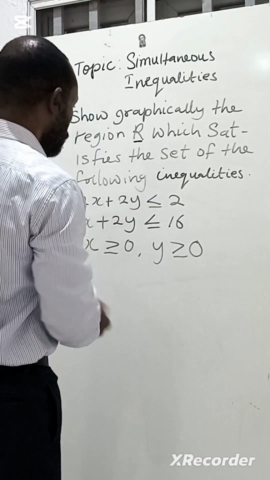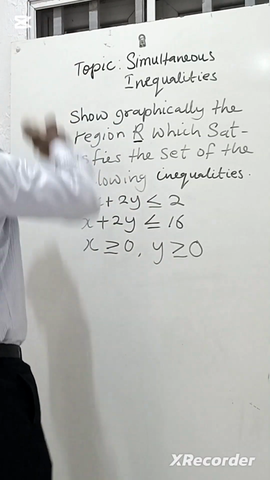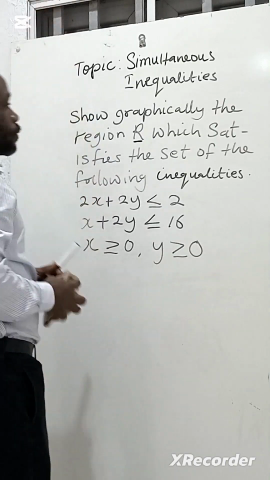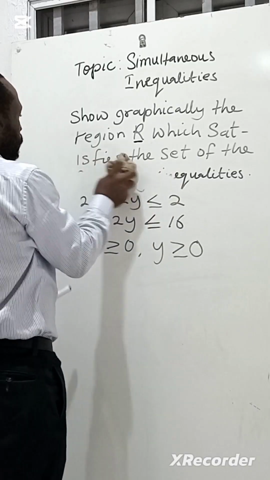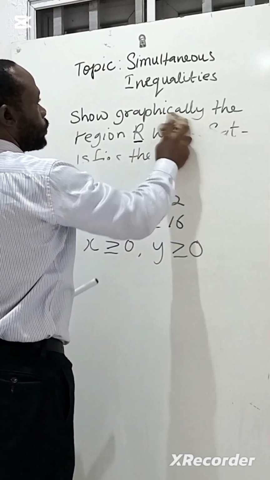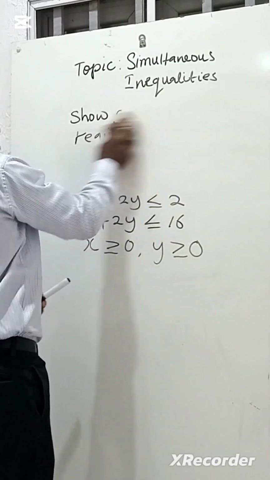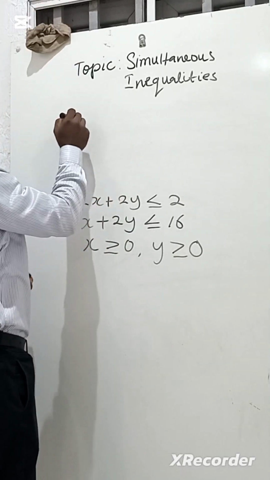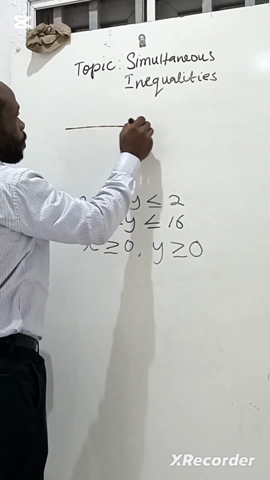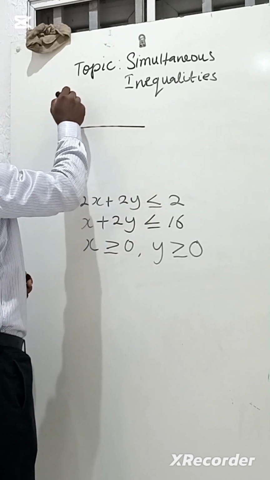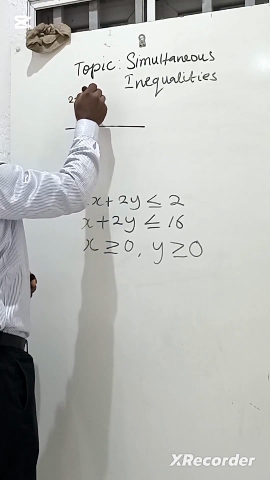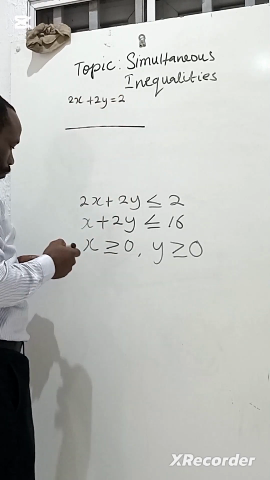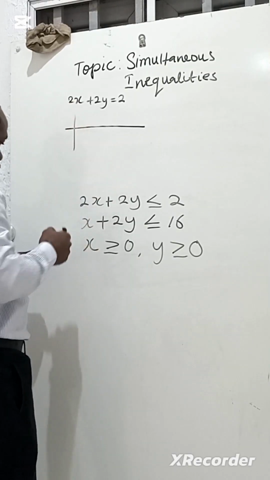So first of all, I'm going to use the table of values for these linear equations. To do that, I will first of all wipe this part of the board. So for the first equation, 2x plus 2y is equal to 2, I'll change it into a linear equation.